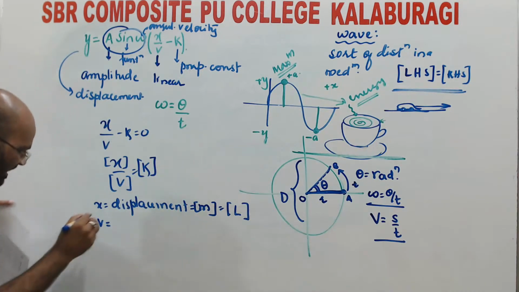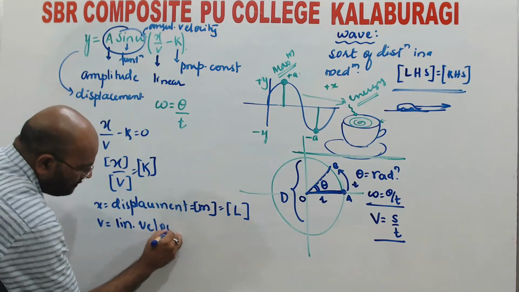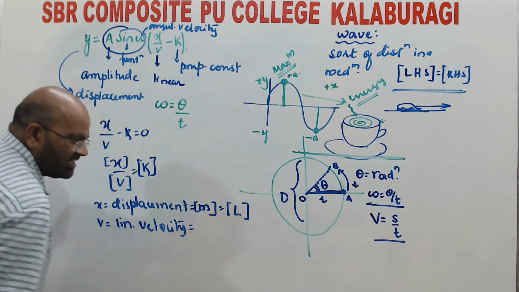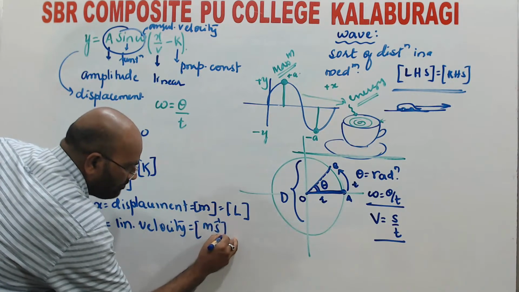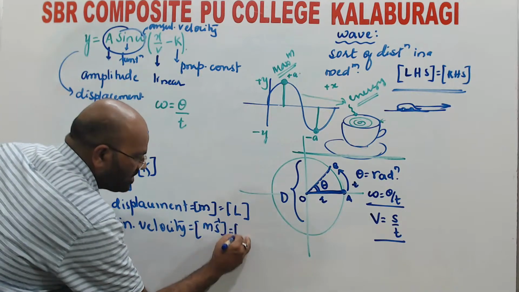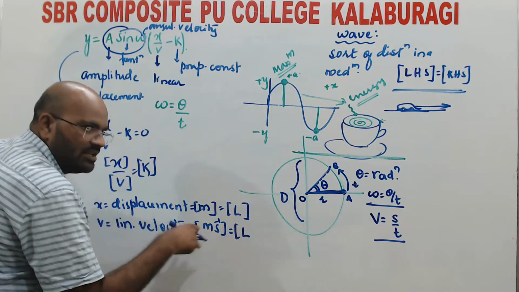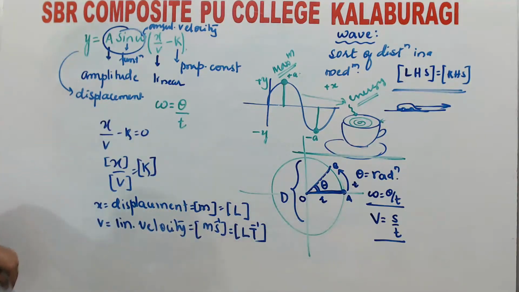Linear velocity. Linear velocity is given in meter per second. Meter is the unit to measure length, and second is the unit to measure time. So this is L t power minus 1.